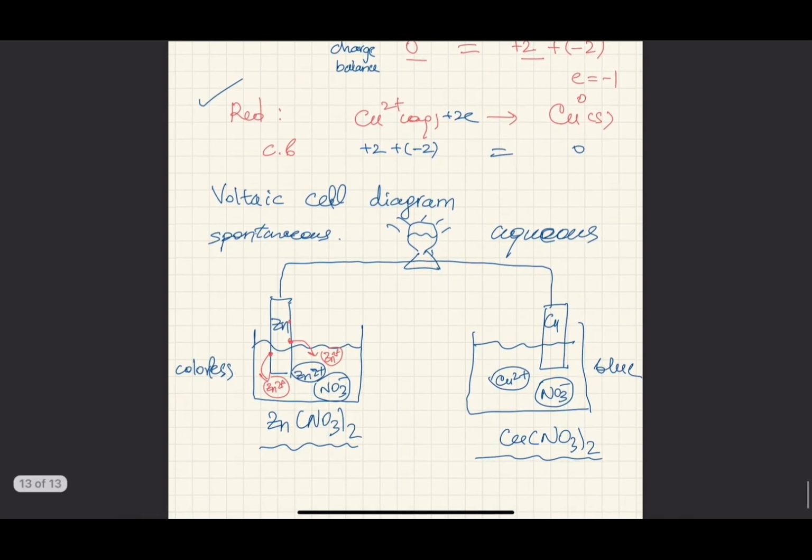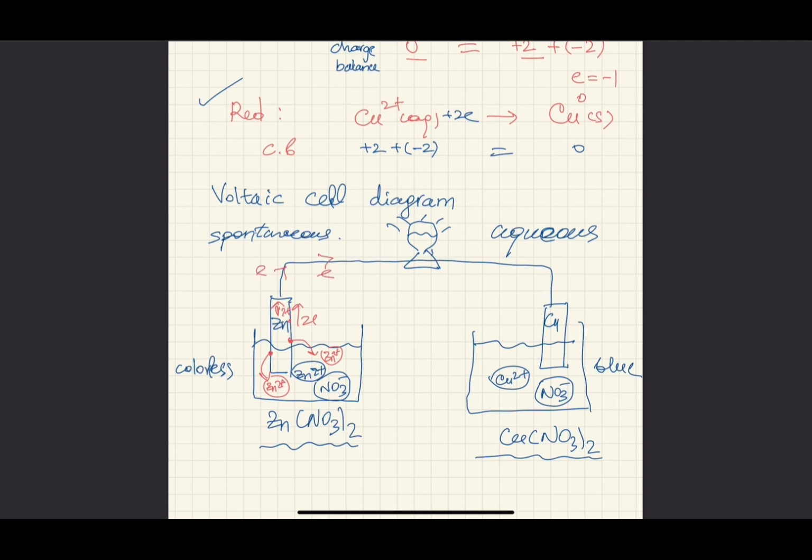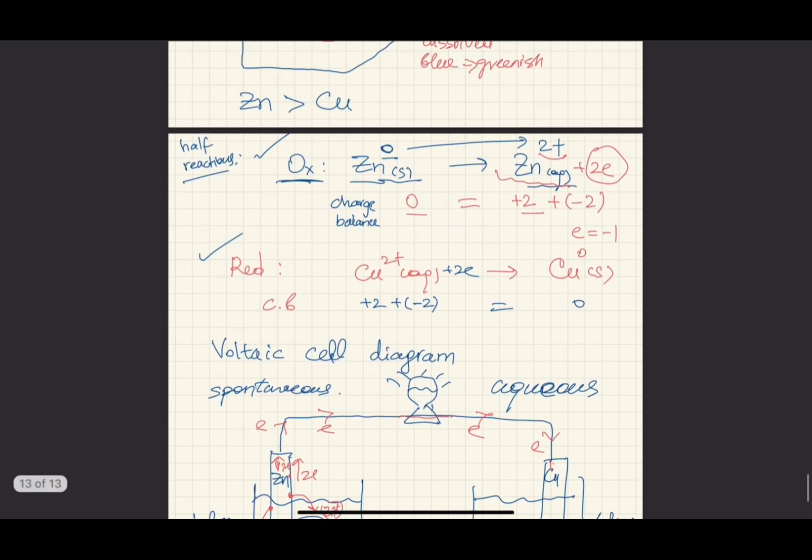So zinc is going into the solution and electrons are going up through the metal, okay? So electron in here and here, it passes through the wire, it turns on the light, and it comes to this solution, okay? And then over here, you see the reduction reaction, right?